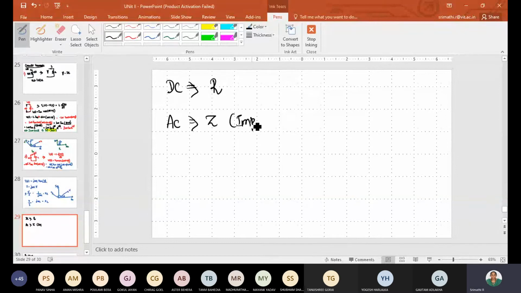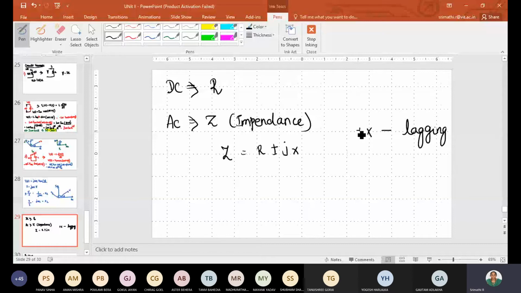The impedance Z is equal to R plus or minus jX. When it is plus X, meaning lagging, the circuit is inductive in nature.